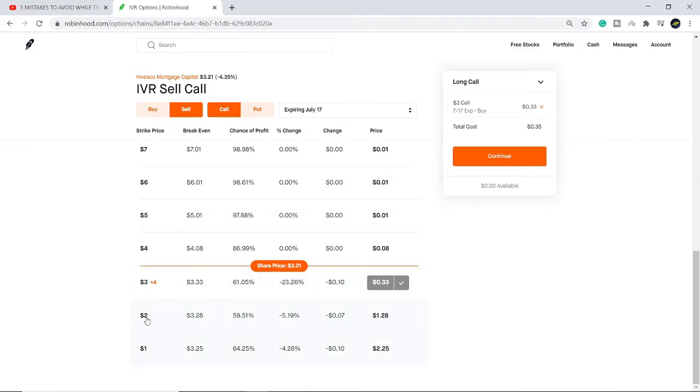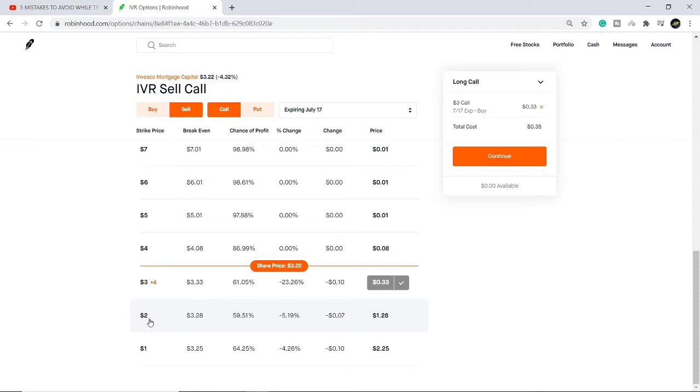So pretty much, if you pick the strike price of $2, you want the stock to go down in order for you to collect this premium of $128. And yeah, the break even is $328 right here. You have $2, right? That's a strike price.